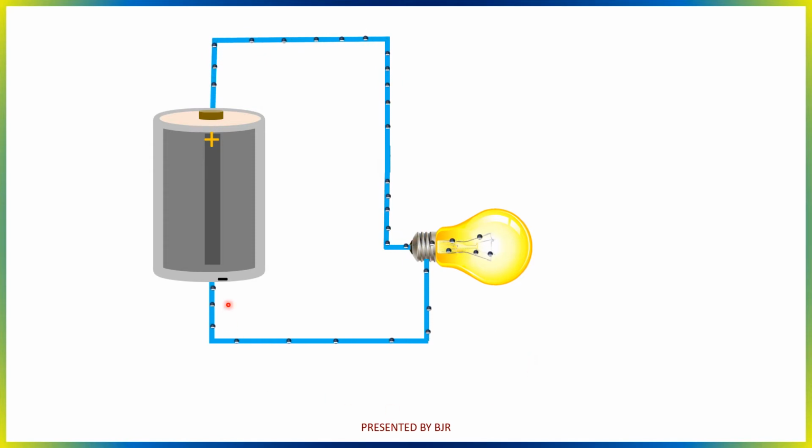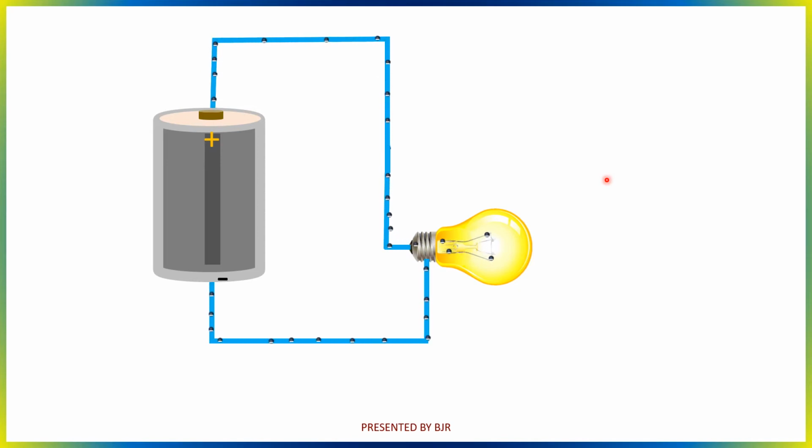Okay, so this is the direction of the free electrons in the conductors. The direction of the free electrons is from negative to positive terminal of the battery. This is called the electron current. The direction of the flow of electrons in a conductor is called the electron current.